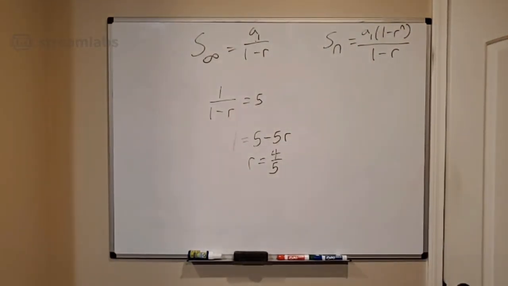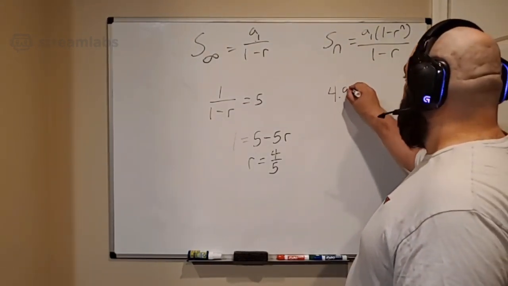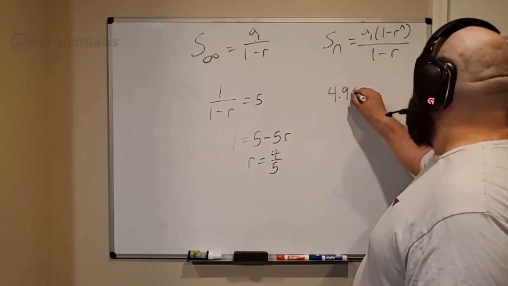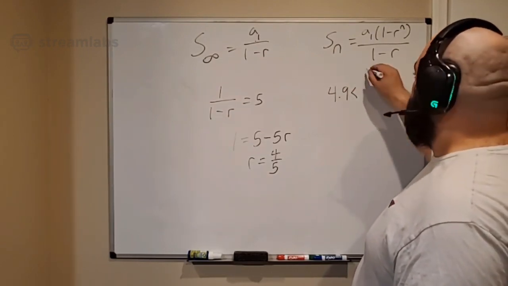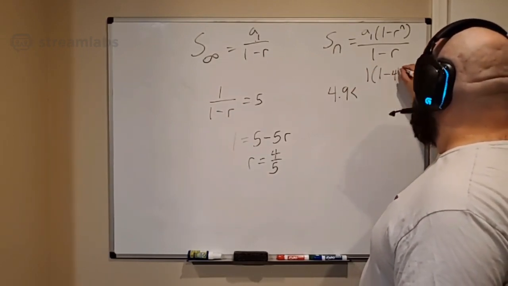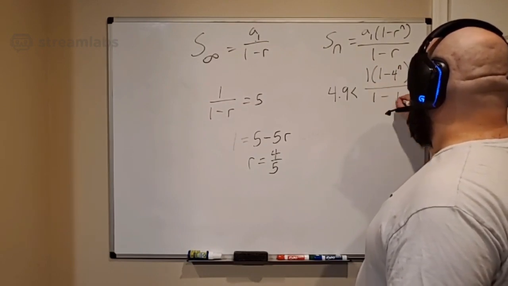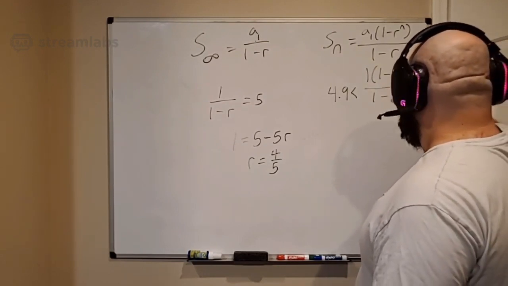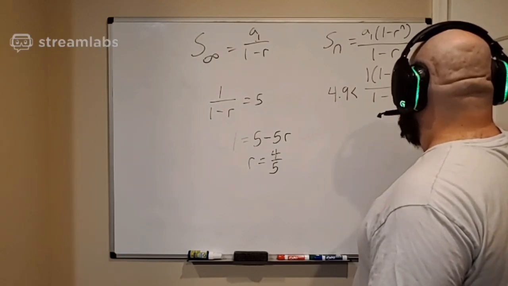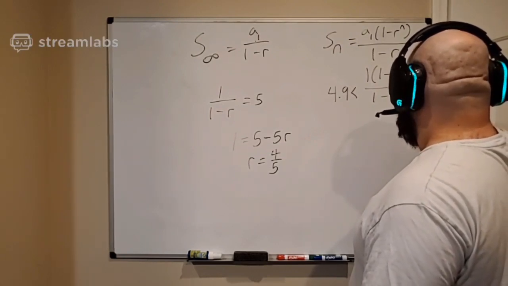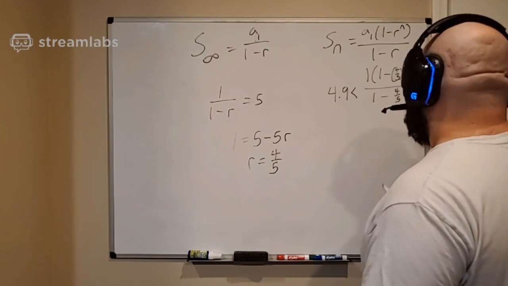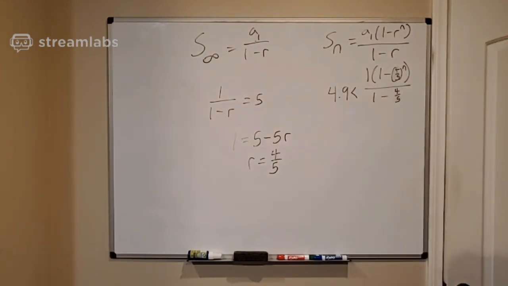So 4.9 is less than 1 times 1 minus 4/5 to the n over 1 minus 4/5.